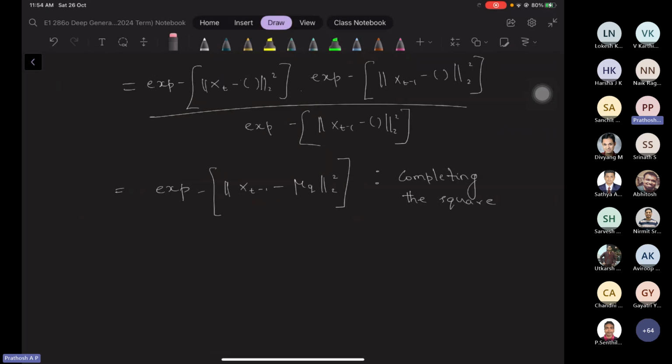Now this term will become q of xt minus 1 given xt and x naught, which is now a Gaussian distribution, right?